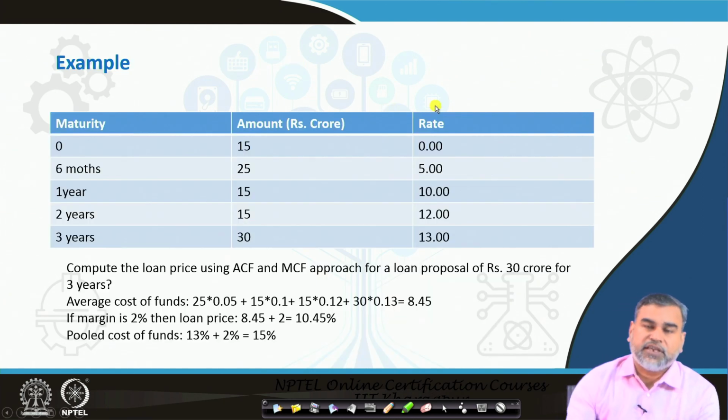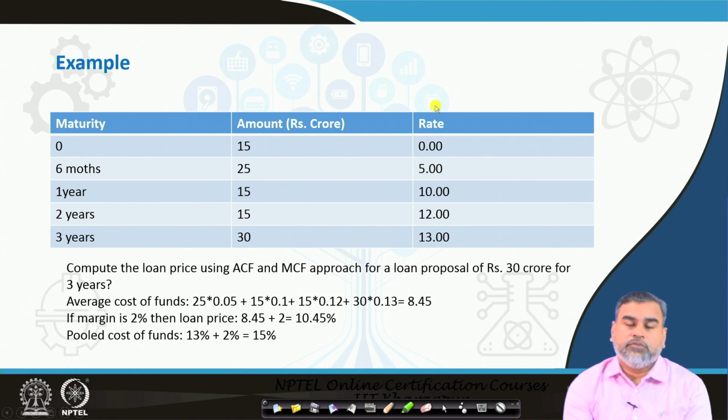If you see this example, it will be clearer how this is calculated. Let the bank have different types of assets and liabilities with different maturities. You have current or savings accounts with no maturity period and no interest rate involved.